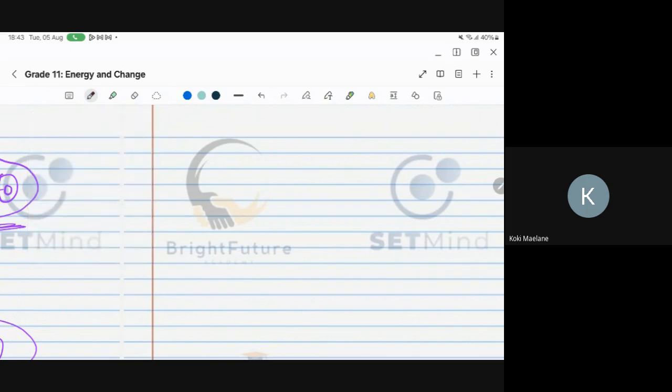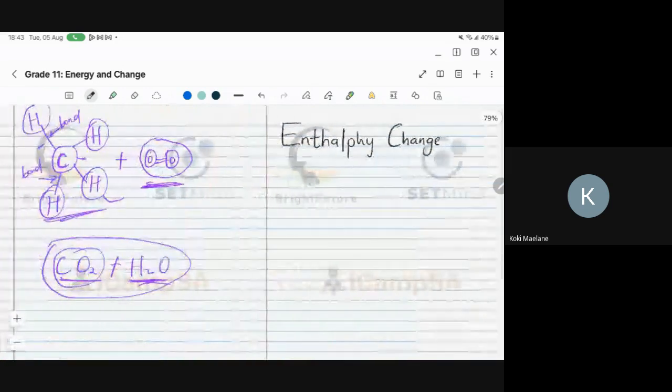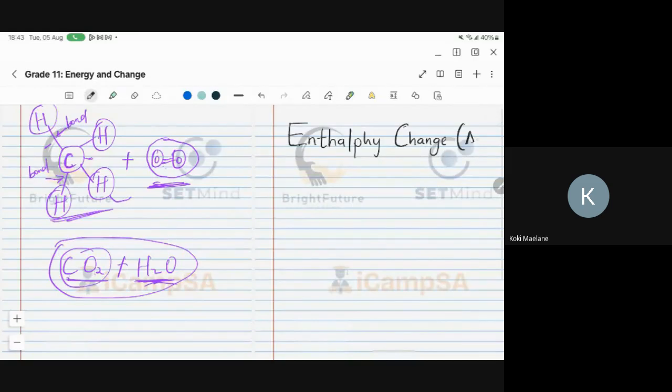Still on change, delta H. This is also known as the heat of a reaction.